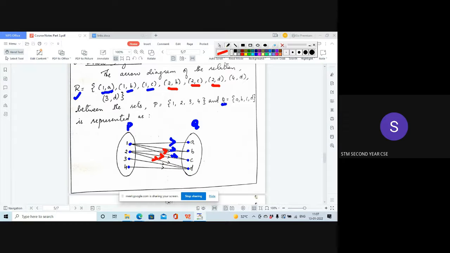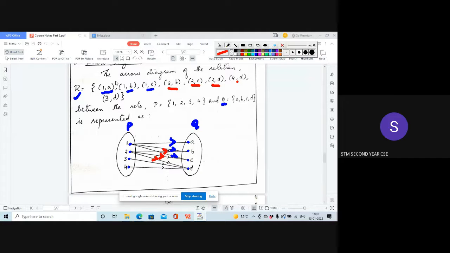Okay. Is it clear? Next ordered pair is 4D.